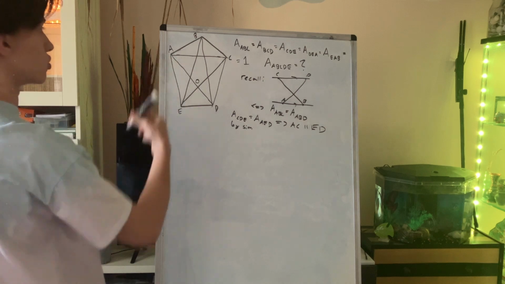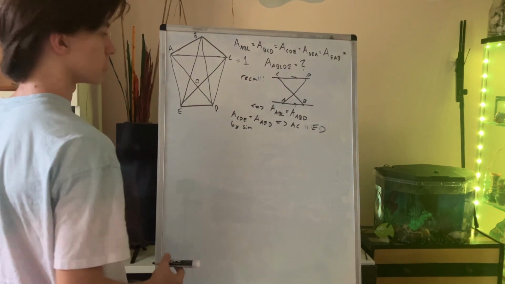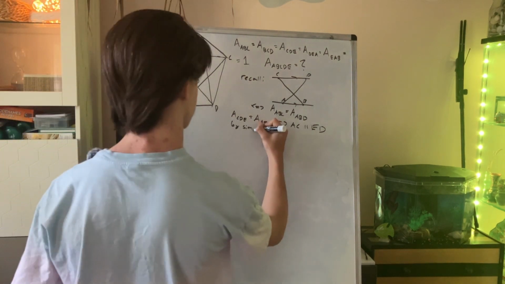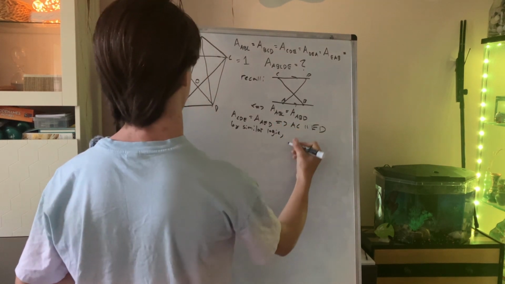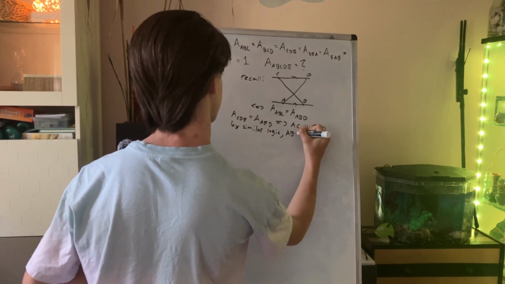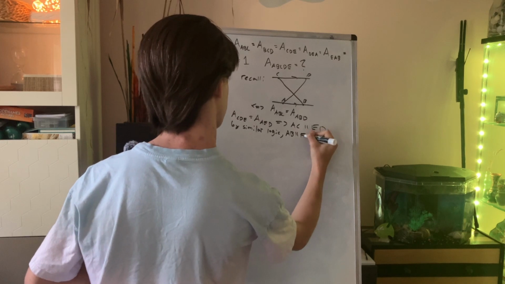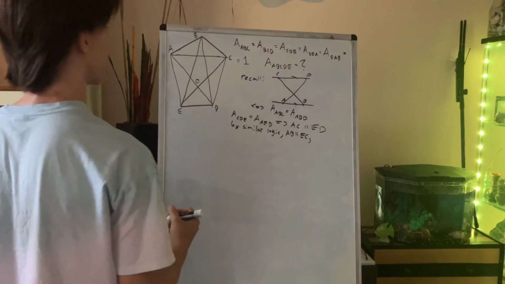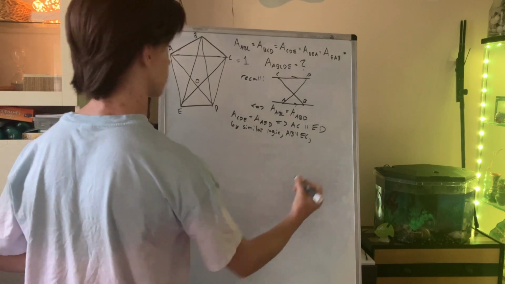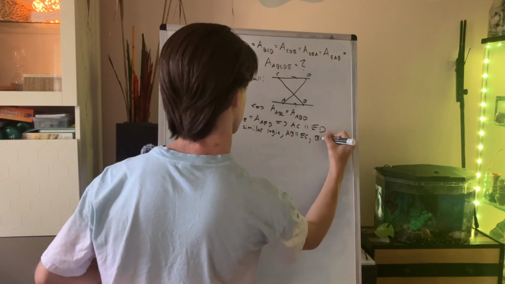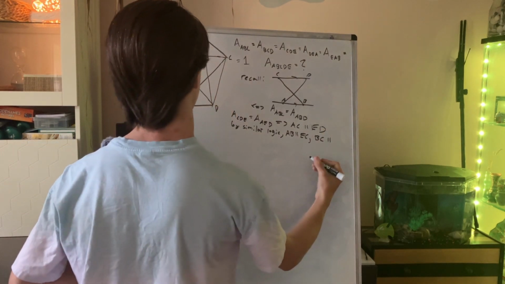These lines correspond to the edges of the regular pentagon, right? Okay, going to write it down quickly. We will need AB parallel to EC in this problem, and AD parallel to BC.